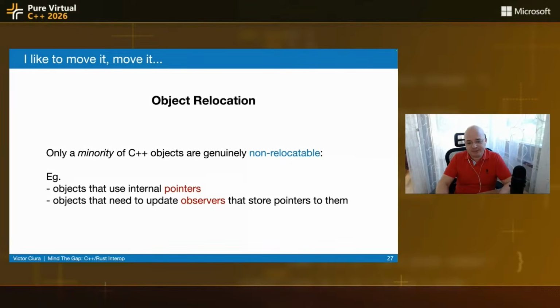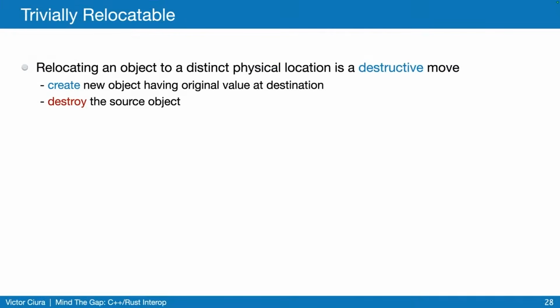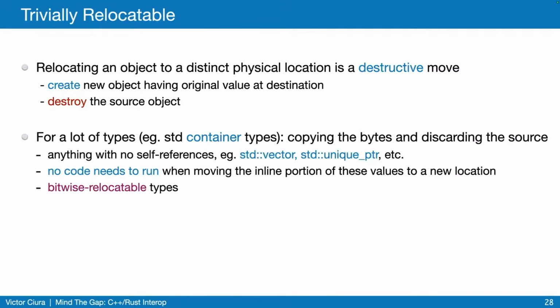Some examples here. Relocating an object to a distinct physical location is a destructive move, right? You create the new object having the original value at the destination, and you have to destroy the original source object, sort of a two-step process. For a lot of types, such as containers, you can just copy the bytes and discard the source, if you have constructions that have no self-references or any funny business.